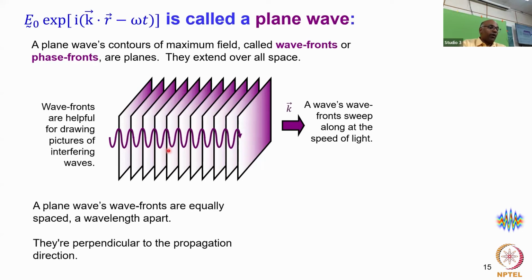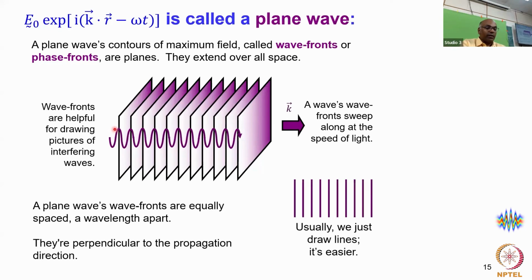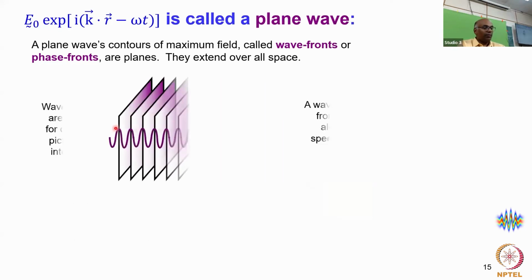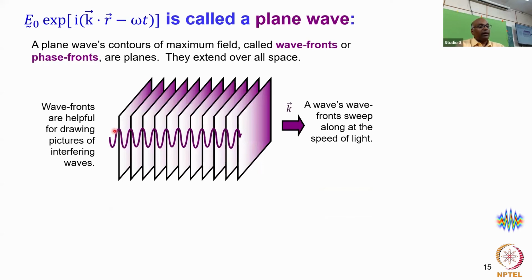Then if I form a contour of all spatial points at a given time where the electric field takes the maximum value, then these are points lying on a plane. Why do I say this? Now consider an instant of time at which the maximum of the wave was at this spatial location, where my cursor is hovering. It attained a maximum value.